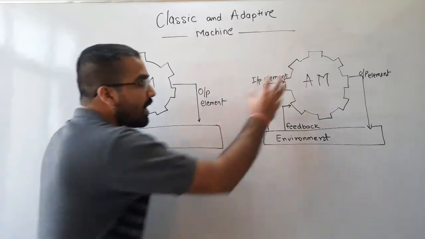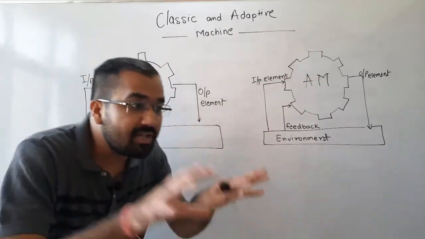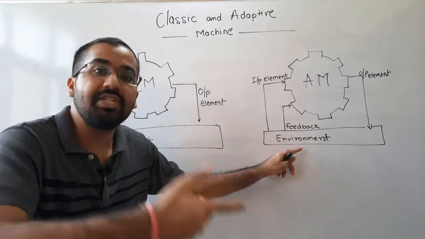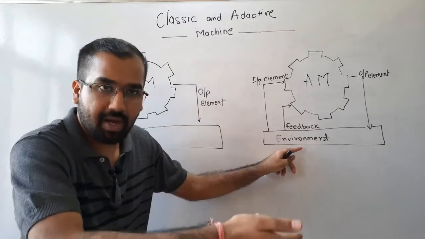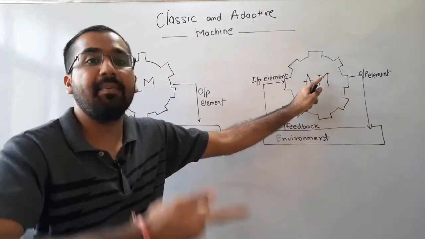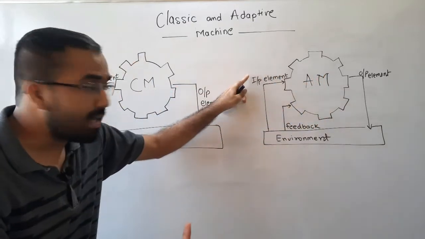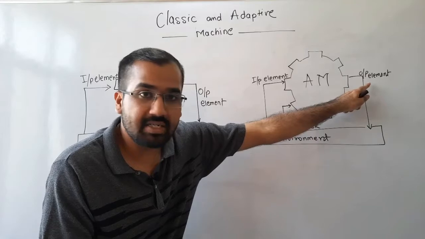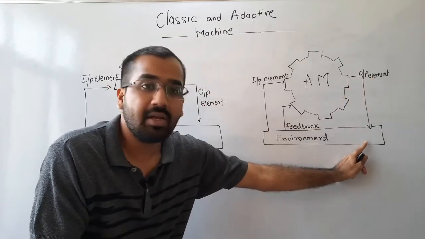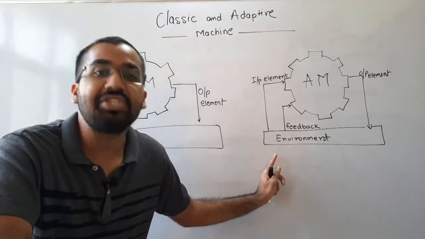So what it is trying to do is sense the environment, and after sensing it, it comes to know that there is some change in the state of the environment, and accordingly it adapts, performs and completes the task based on the given input, and generates an output element, some actions, which act upon the environment, which changes again.